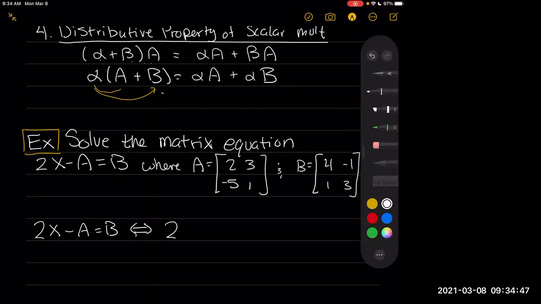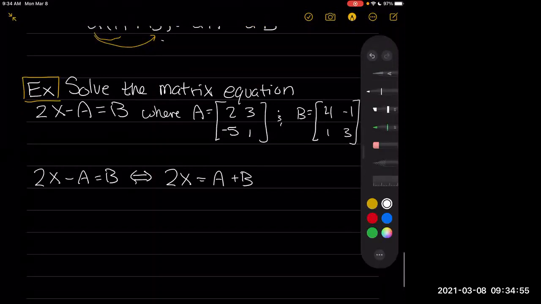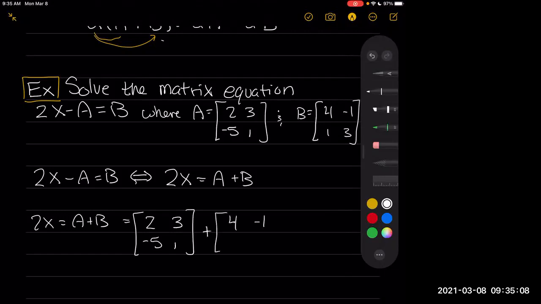So we get 2X equals A plus B. Well, A plus B is 2, 3, negative 5, 1, plus 4, negative 1, 1, 3.